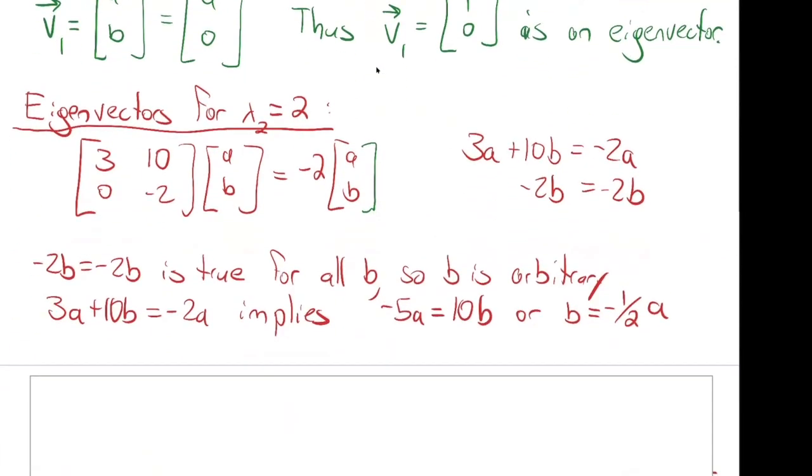And then we would solve this system of equations. From this one, we can see this is going to be true no matter what b is, so we don't really get any information from this equation at all. But if we look at the top equation, we can see that there is a relation between a and b, namely as long as b is minus 1/2 of a, then the top equation is going to be true.